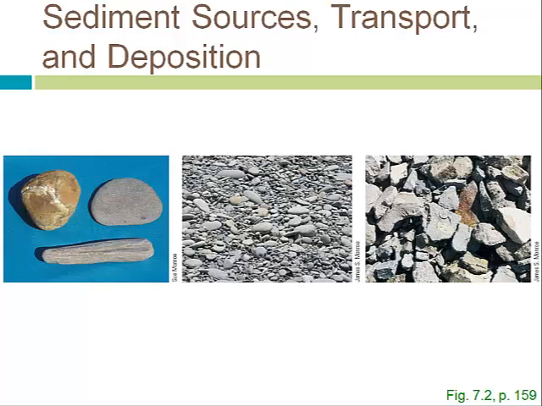So basically the type of rounding that occurs or the type of sorting that occurs depends on the particle size once it's actually weathered out of the parent material, and the distance it's transported. So obviously the stuff in the middle is transported for a longer distance because it bounces around, breaks off pieces, or is weathered through the water, as opposed to the stuff on the right where it just breaks off and falls to the base of the mountain, or base of the hill, and doesn't go very far.